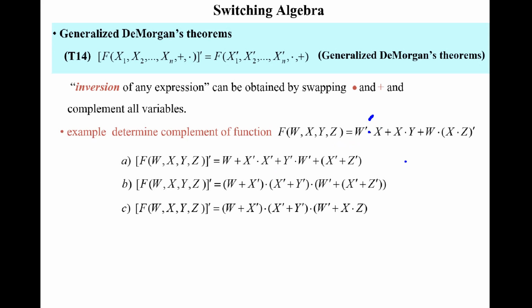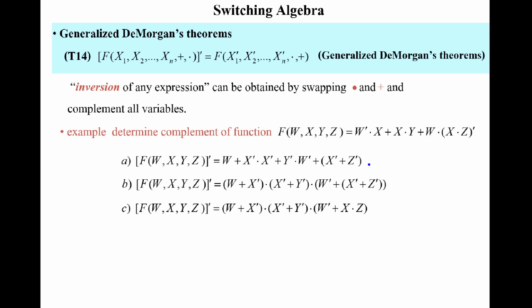So W prime becomes W, change AND to OR, change X to X prime, change OR to AND, change X to X prime, change AND to OR, change Y to Y prime, change OR to AND, change W to W prime, and so on.